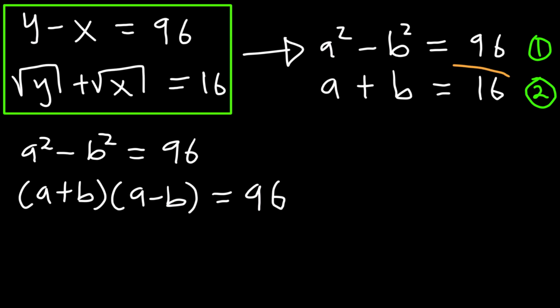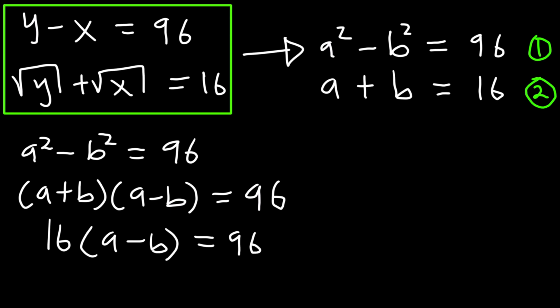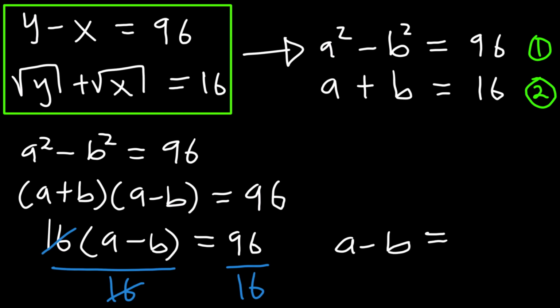And from equation 2, we know that a plus b equals 16. So this will be 16 times a minus b equaling 96. And if we divide both sides by 16, this will cancel with that. And so we shall have a minus b equaling 96 divided by 16, which is 6. And we shall call this equation 3.